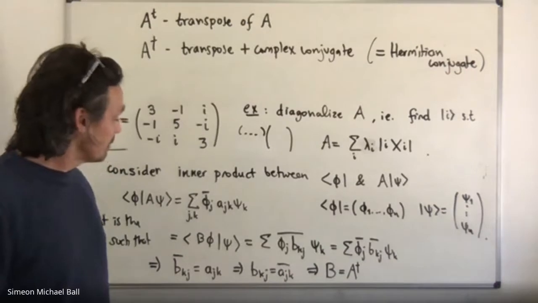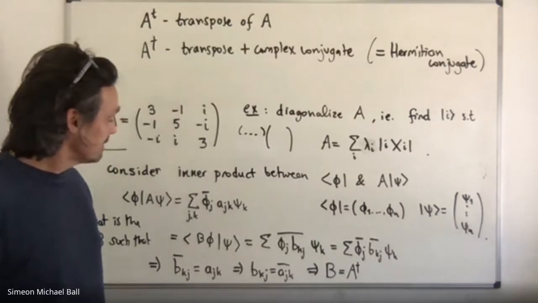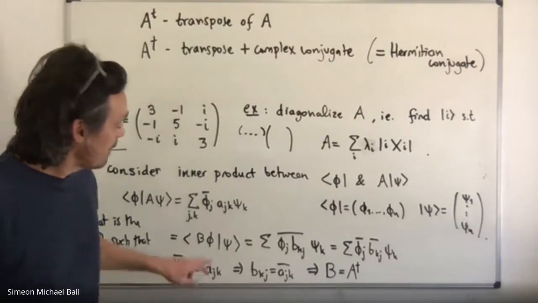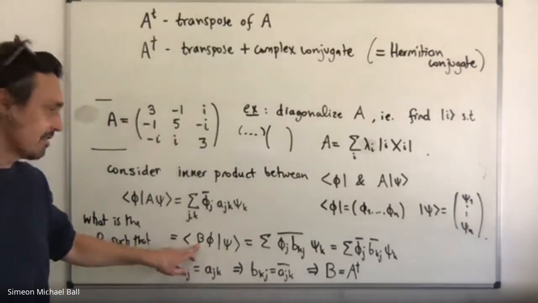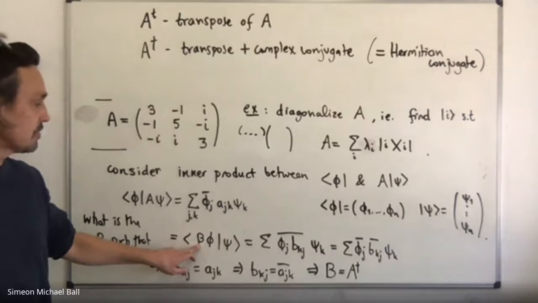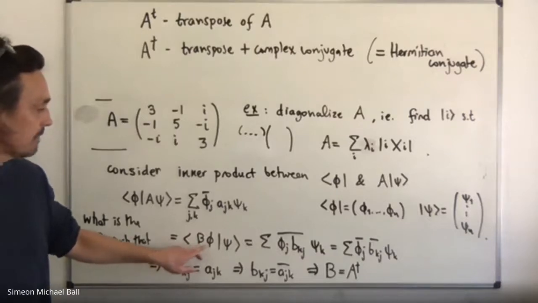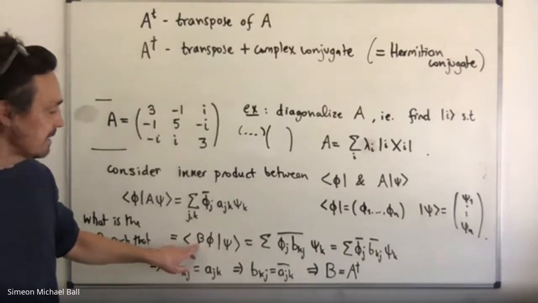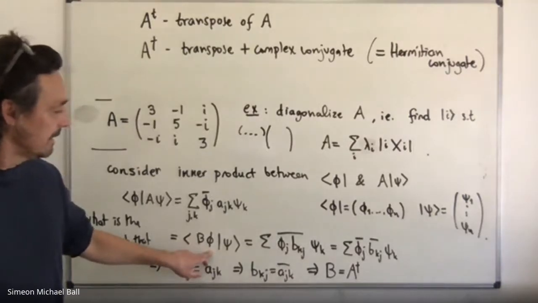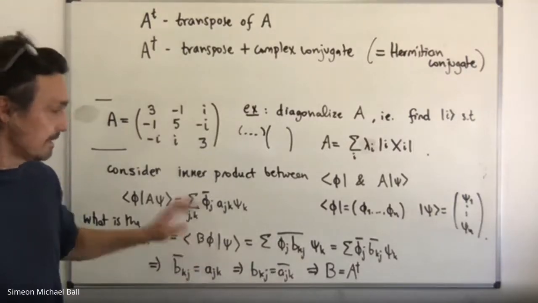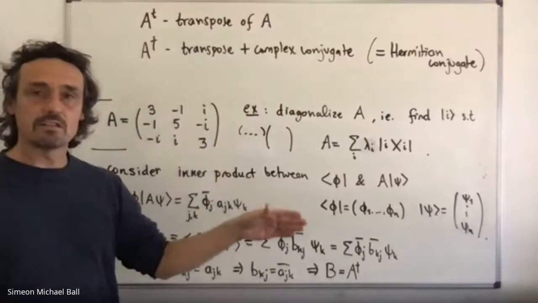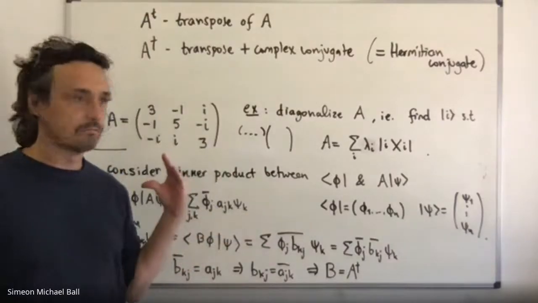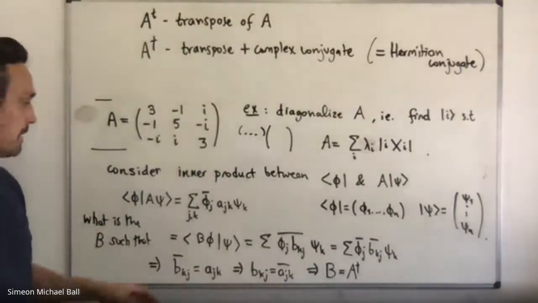I hope everyone's understanding. It's really semantics. It's really just deciding what we're going to do and sticking with the convention. He's thinking that B phi is a column vector, and then we've taken the ket and made it into a bra, which by definition is this.